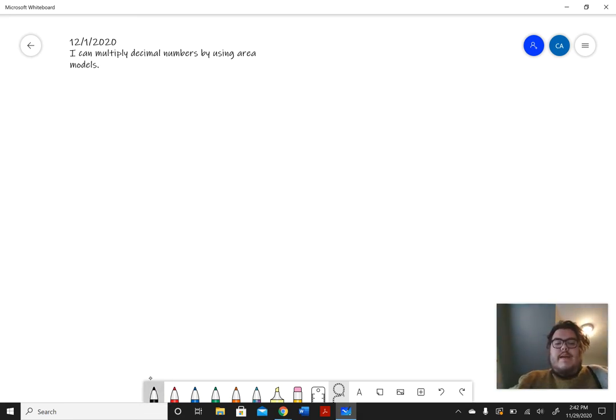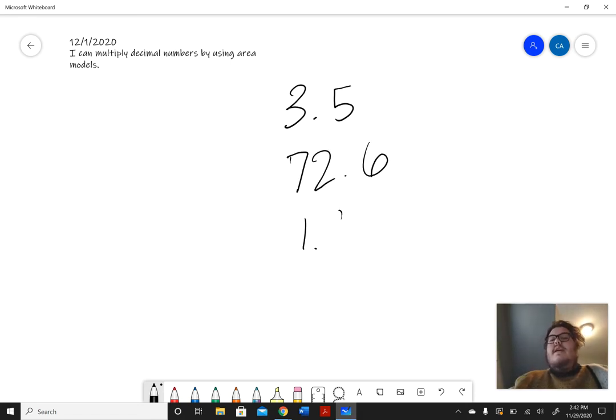So numbers like 3 and 5/10, 72 and 6/10, maybe even 1 and 936 thousandths. Who knows? But actually, I know because I have the cheat sheet right here.